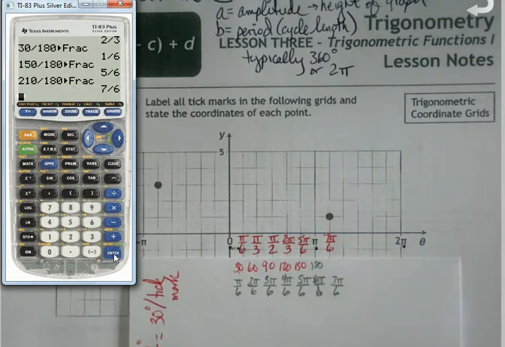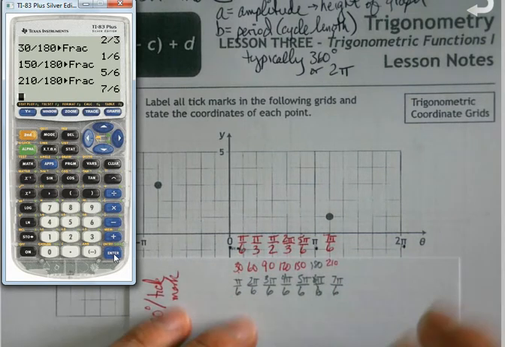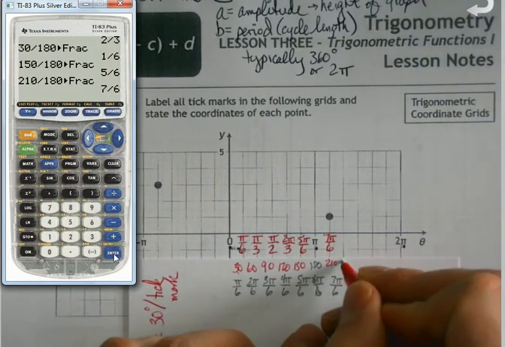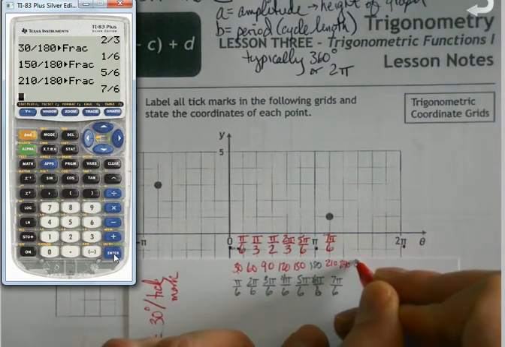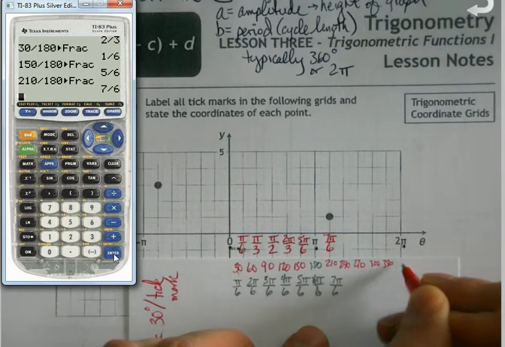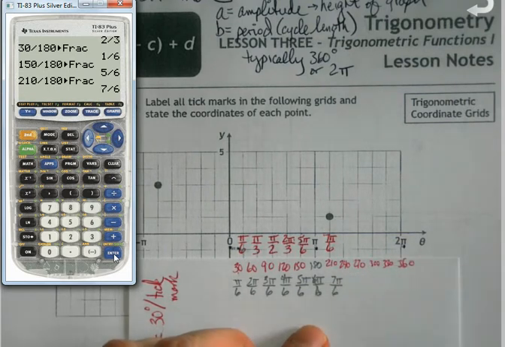You have options. And I always like to give you options, and I'll have a group of you that'll like it one way and a group of you that'll like it the other. But if you want to think of it as far as degree measures go and do that all the way through, you can, especially on this sheet here. If you want to write the degrees below, you can.